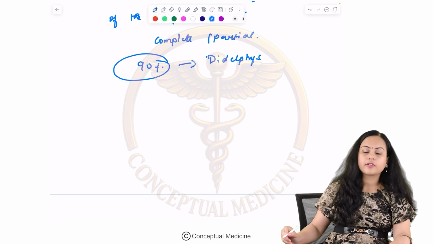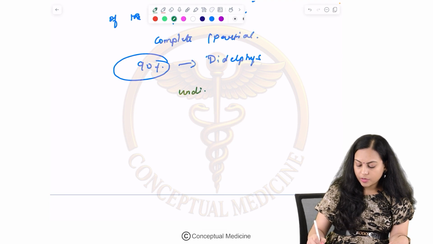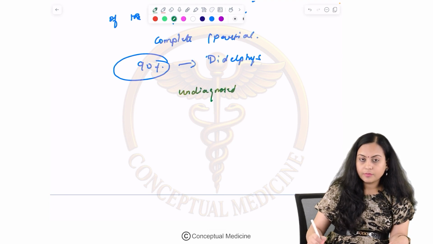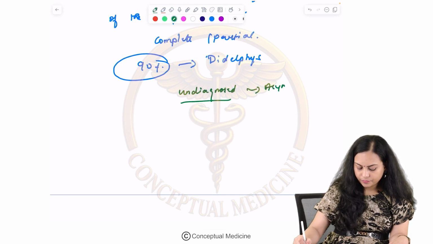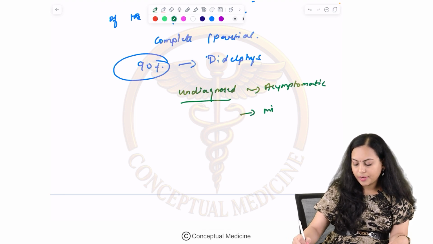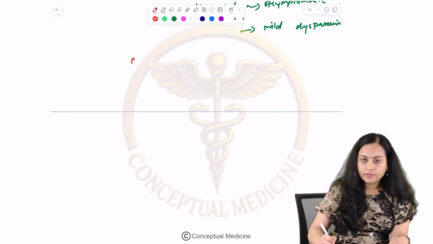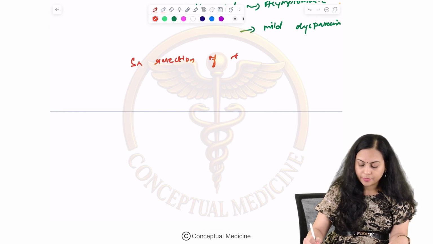Longitudinal vaginal septum may go clinically undiagnosed because most of them are asymptomatic. Some of the patients may have mild dyspareunia. Okay. So here also we have to do a surgical resection of septum.